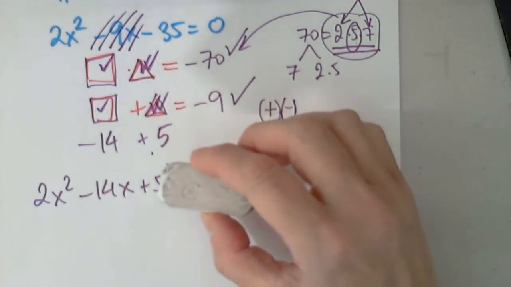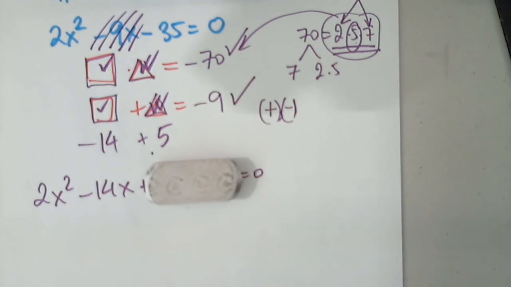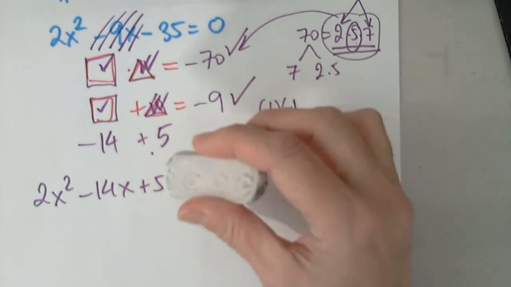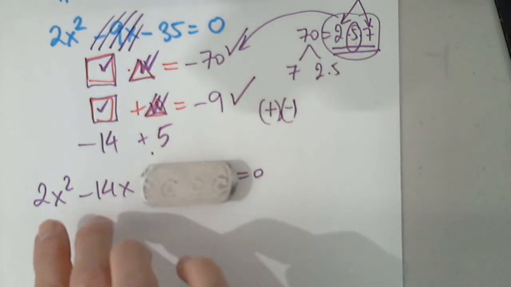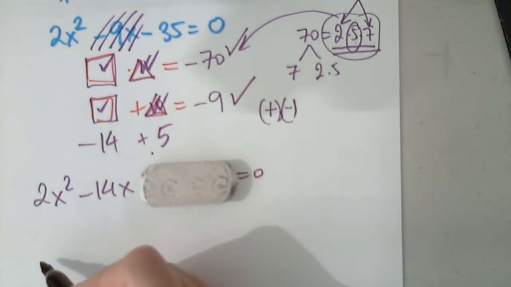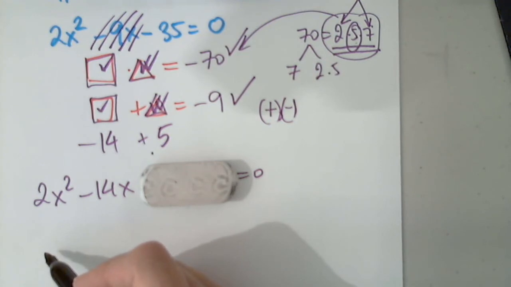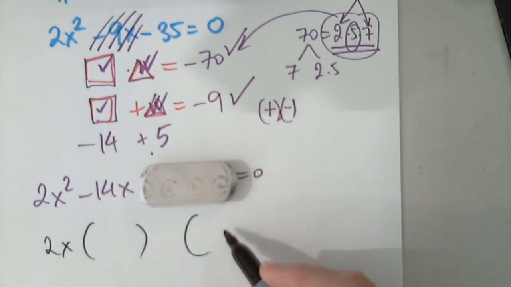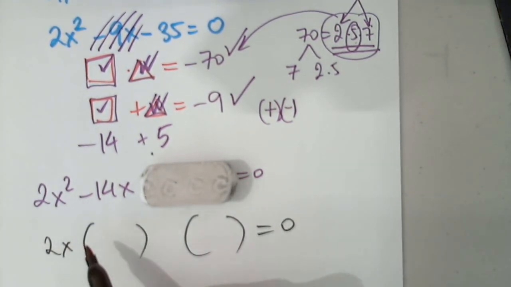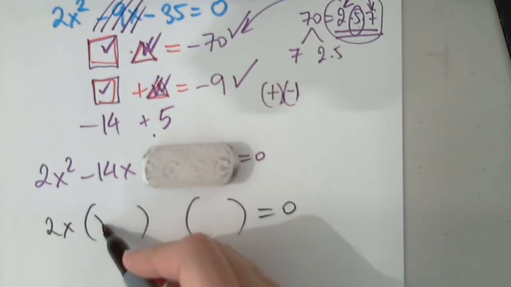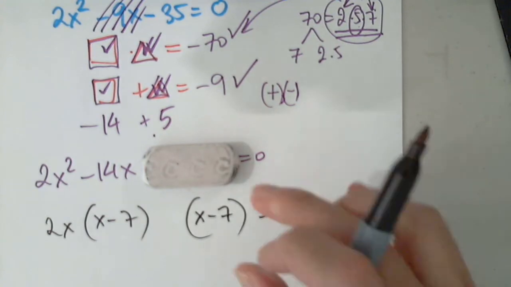And like before, we will factor by grouping. So what will you group? What will you factor out from the first two? Excellent. What is left in parentheses? X minus 7. Excellent. I have to copy it.